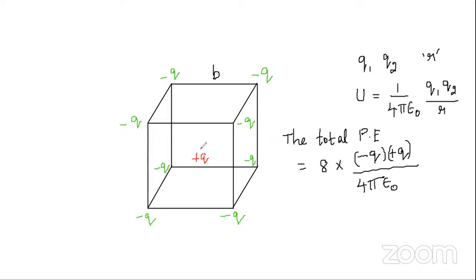From this point to this point, you are having the body diagonal distance root 3b. B means the side of this cube.